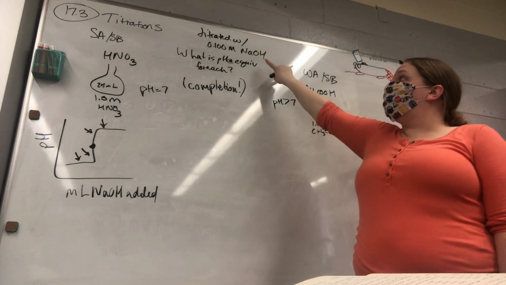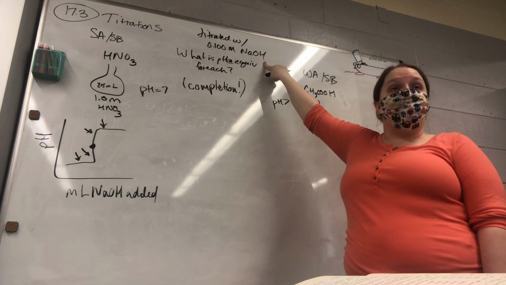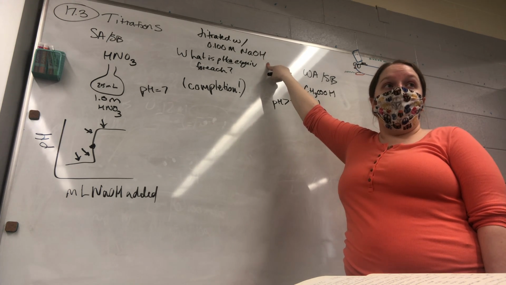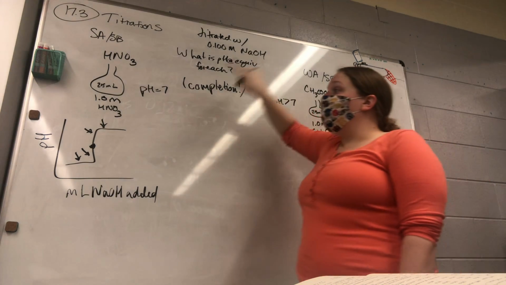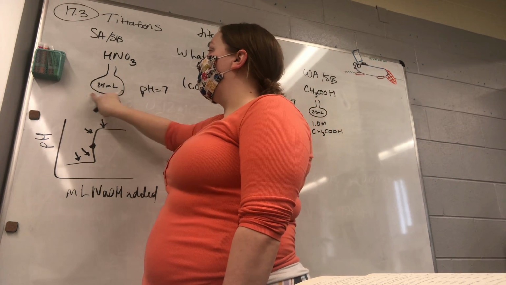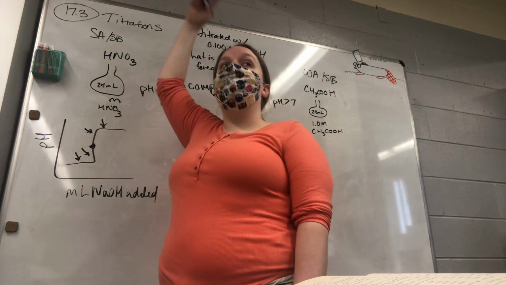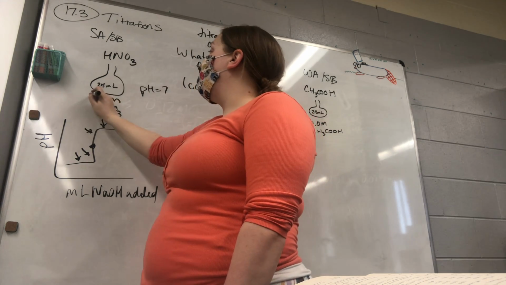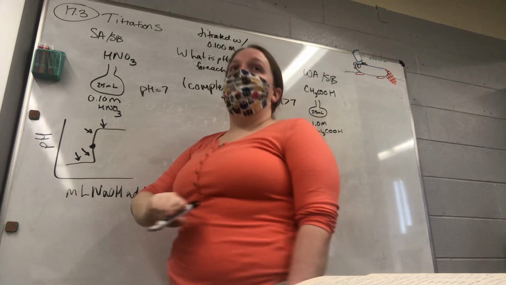So one of the things we're going to start with is that we know what the strength of the base is. Correct? I am going to change the strength of this so that we're not dealing with volumes that are like 300 milliliters. I'm going to make this 0.10 molar.